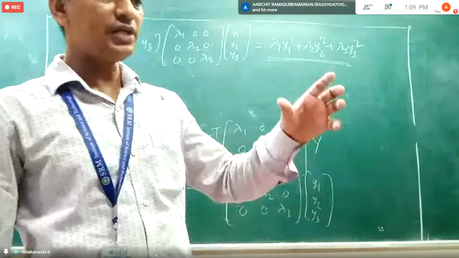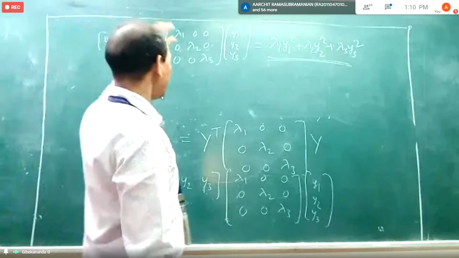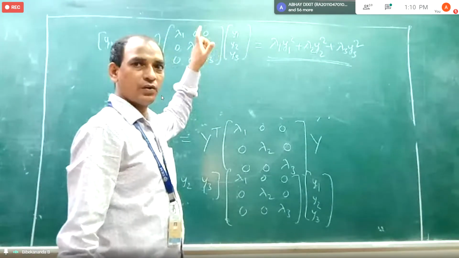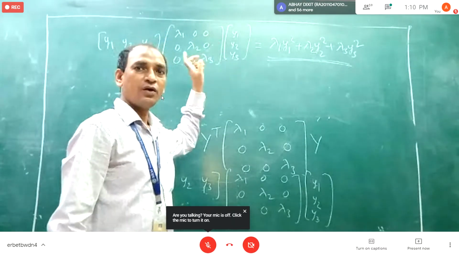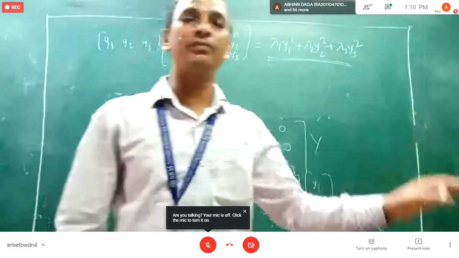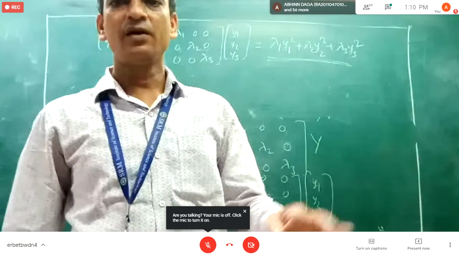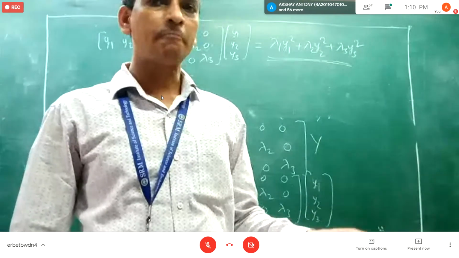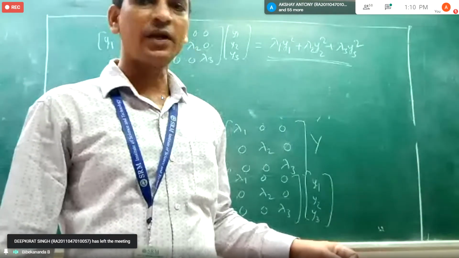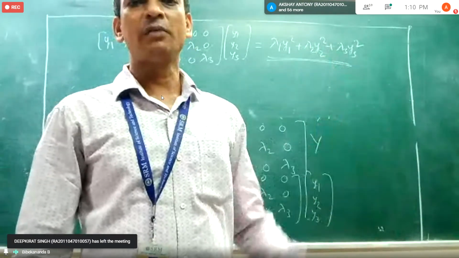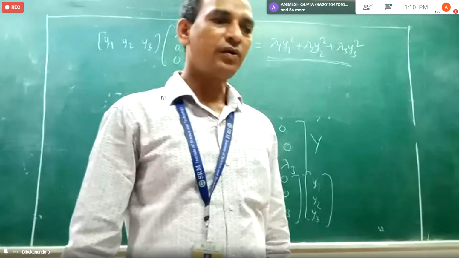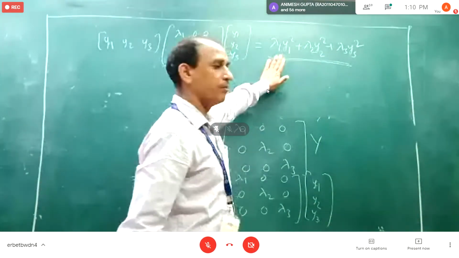We can also decide whether the quadratic form is positive definite, positive semi-definite, negative definite, or negative semi-definite from this canonical form.